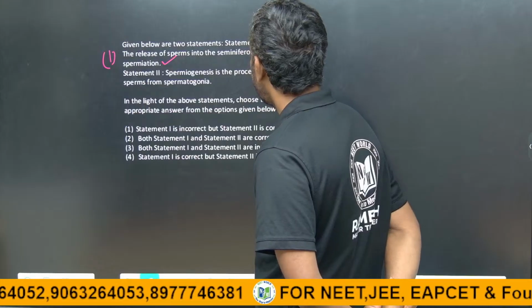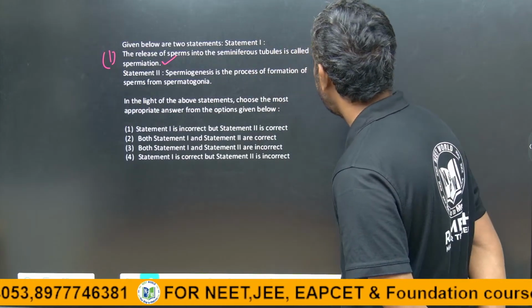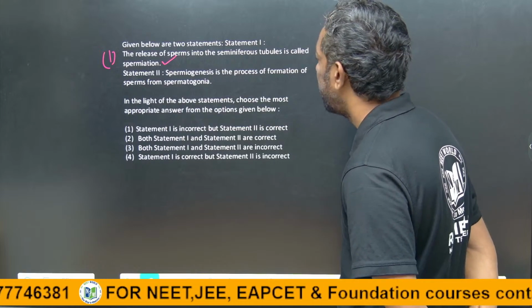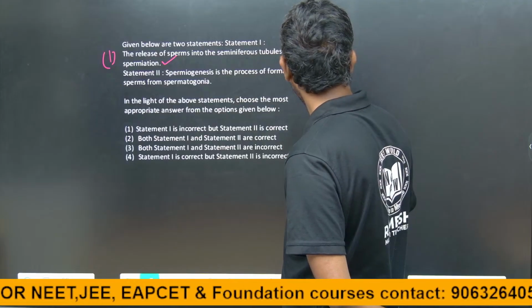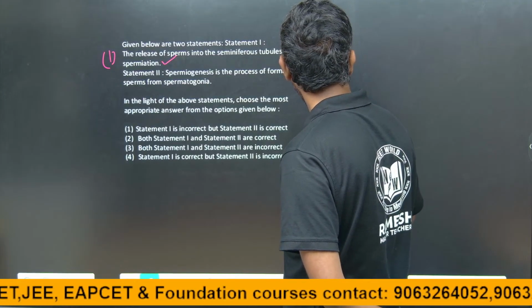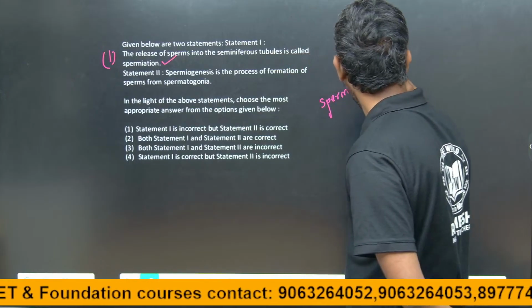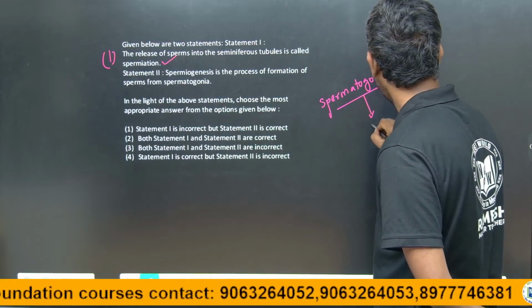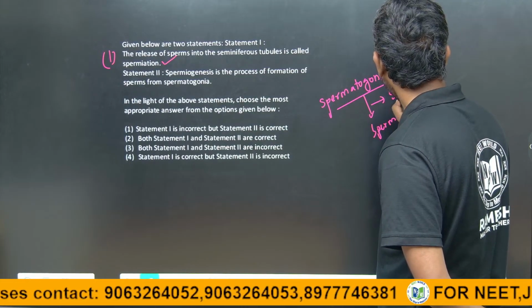Spermiogenesis is the process of formation of sperm from the spermatogonia, called spermatogenesis.